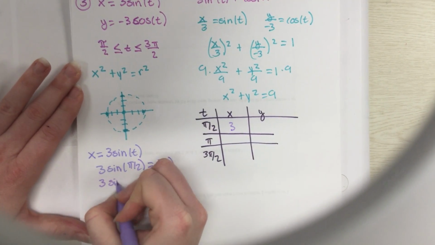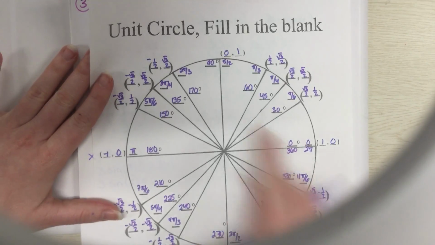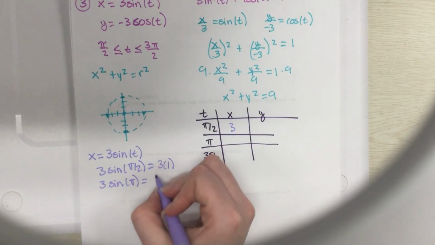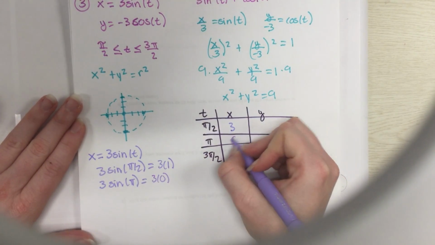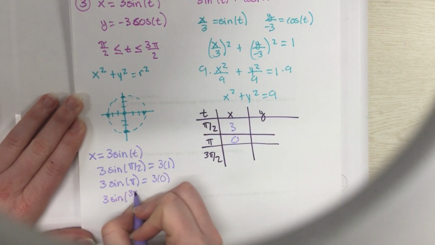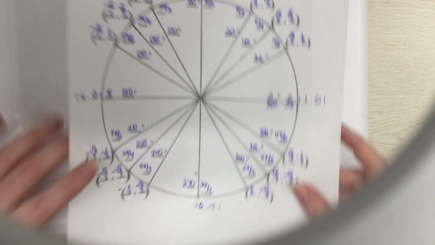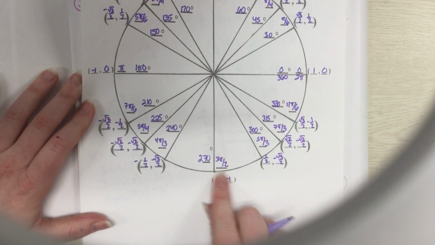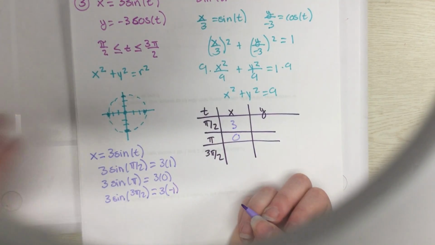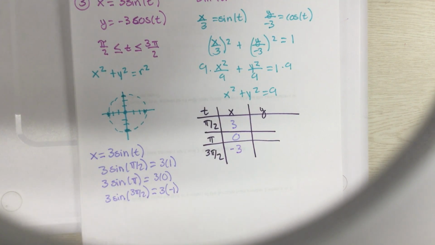And then we have 3 times the sine of pi. Okay, so I go all the way over to pi, and my y value is 0. So I have 3 times 0, which is 0. And then 3 sine of 3 pi over 2, which would be 3 times, and at 3 pi over 2, my sine value is negative 1. So 3 times negative 1 is negative 3. So that's how we get our x values.